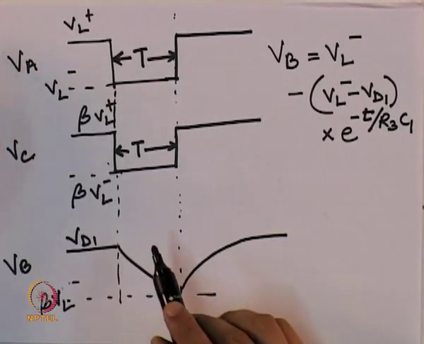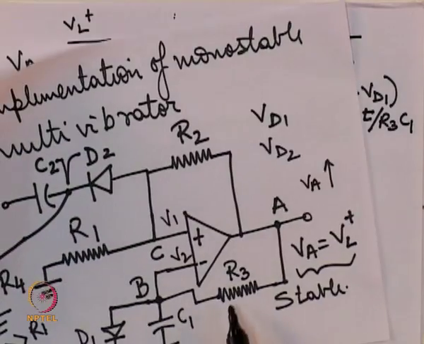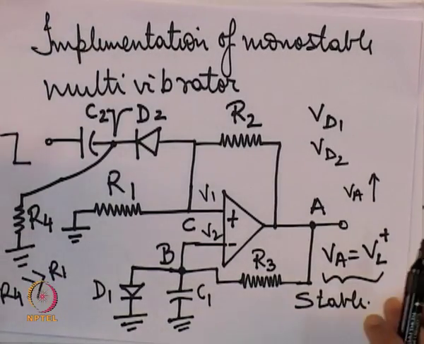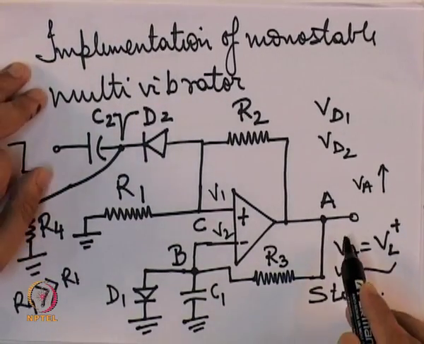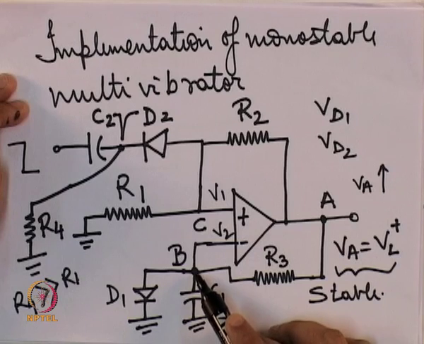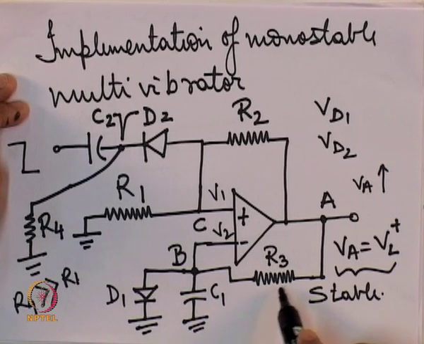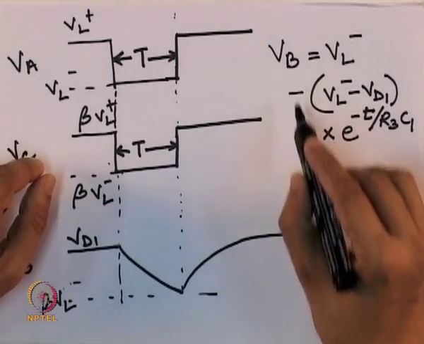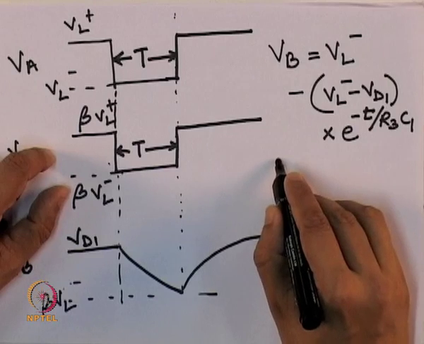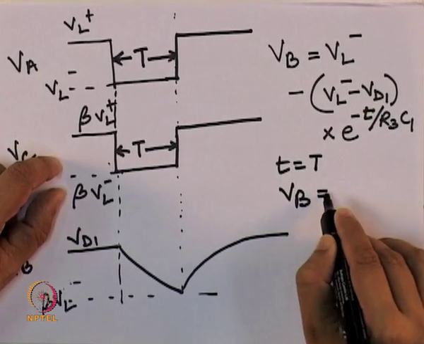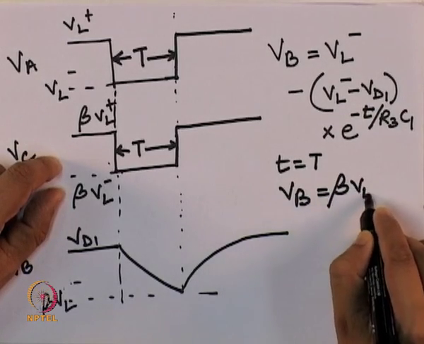Here R3 C1 is the time constant, because when VA is equal to VL minus, the voltage at B is decreasing with a time constant given by R3 C1. This will continue till, at t equal to T, we have VB equal to beta VL minus.